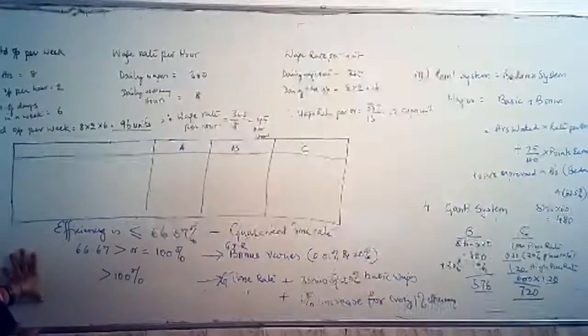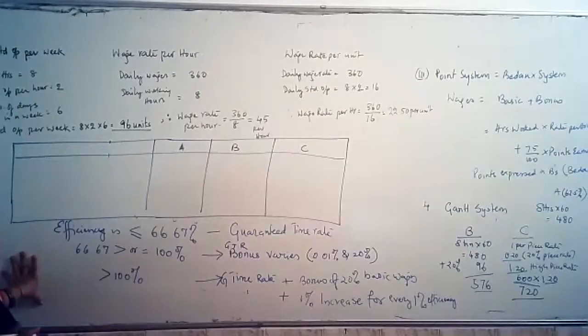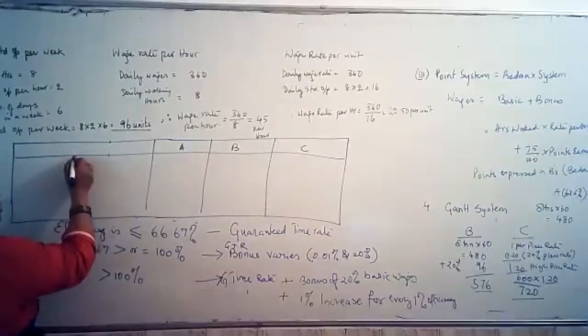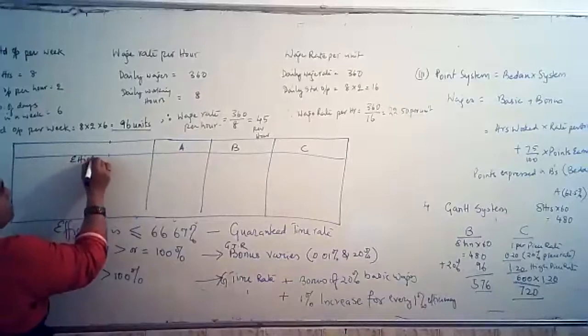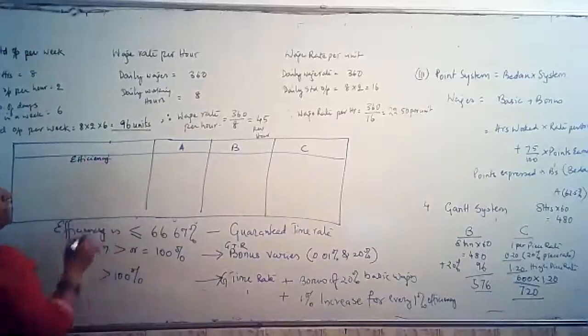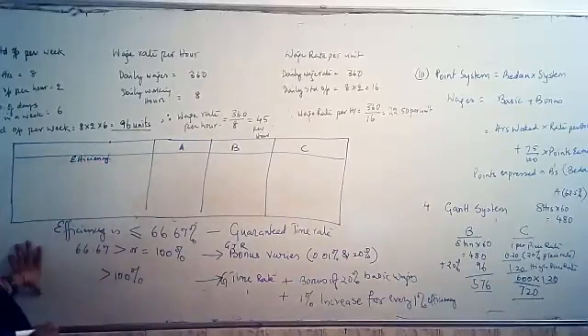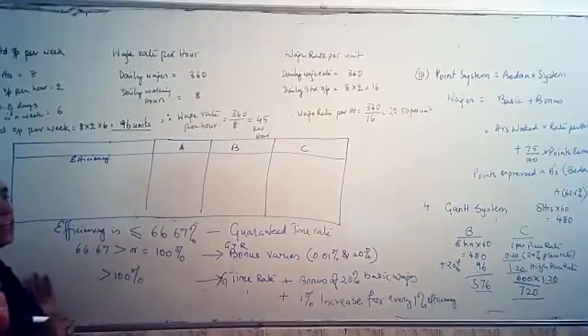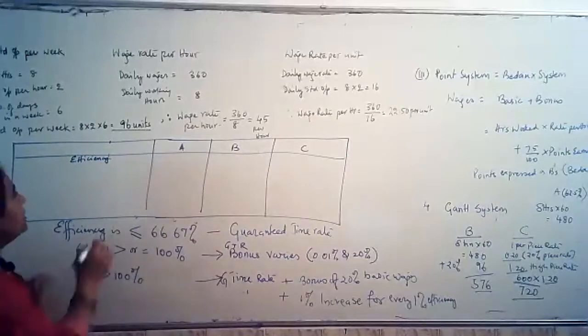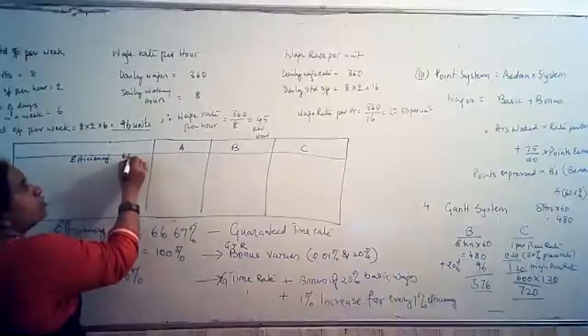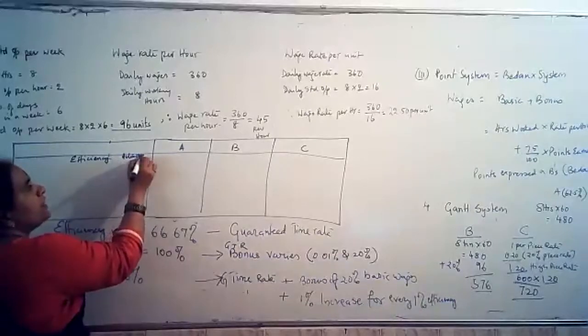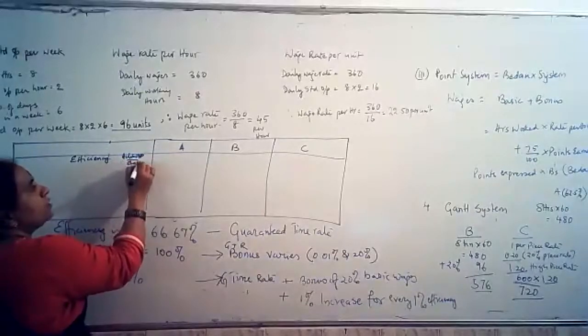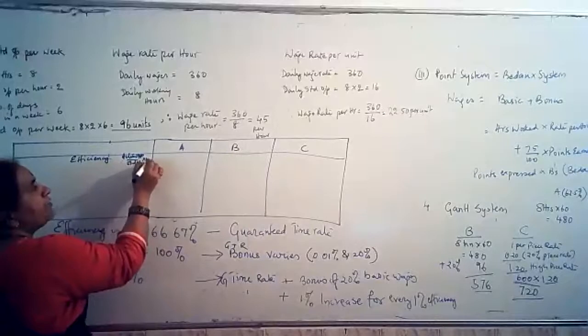Let's now look into the standard output. We know actual output, and we'll calculate the efficiency for each one of them. How do we calculate efficiency? Number of units manufactured by each person divided by standard output. So actual output divided by standard output into 100 will give you the efficiency.